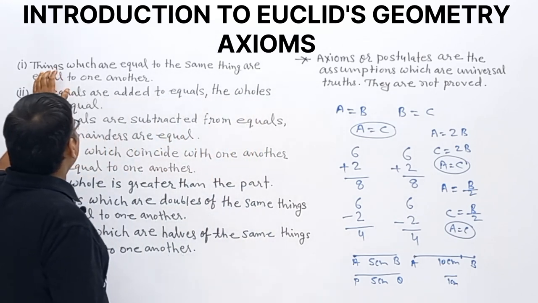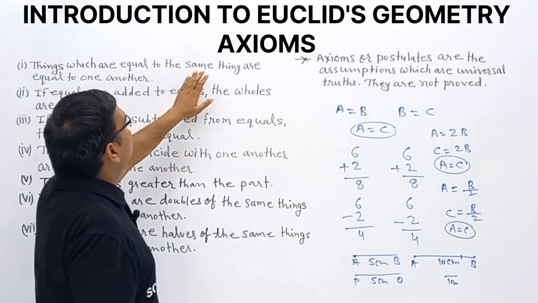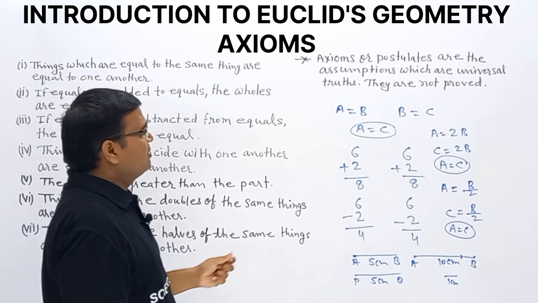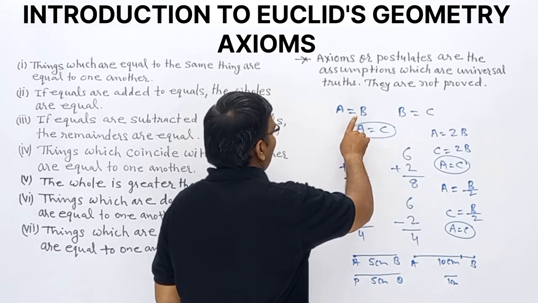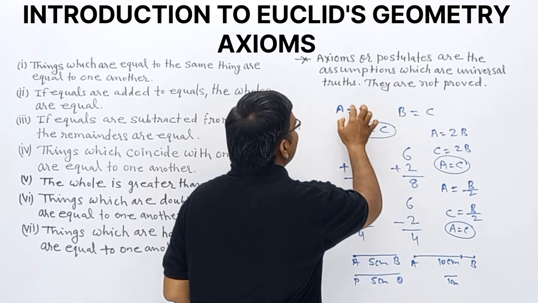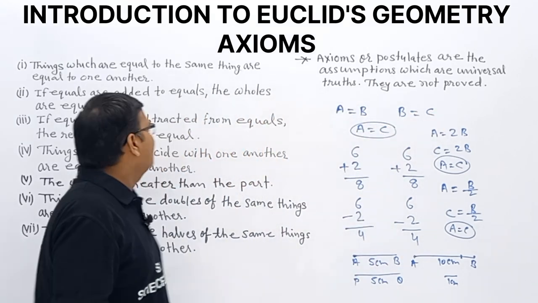The first axiom: things which are equal to the same thing are equal to one another. If A equals B and B equals C, then we can say A will be equal to C. It is the meaning of the first one.